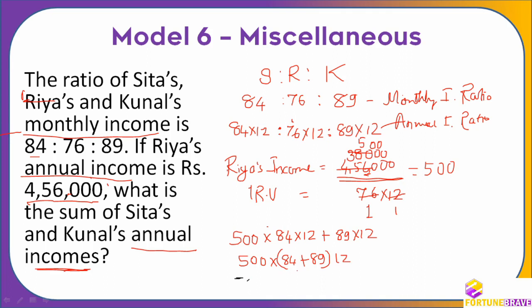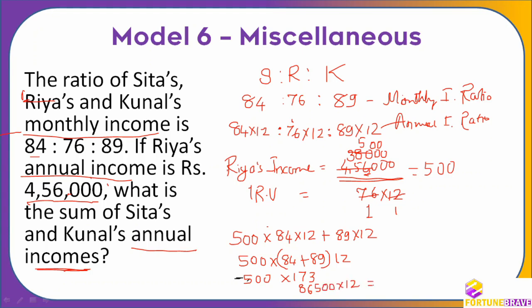500 is very simple actually, if you really understand it. 84 plus 89 is 173. 173 into 5. You know how to do into 5? Add two zeros and make it half. So this will be 86.5, so 86500, into 12.